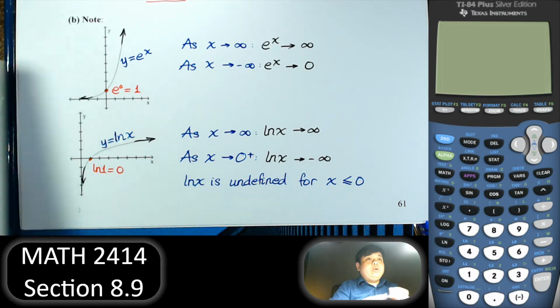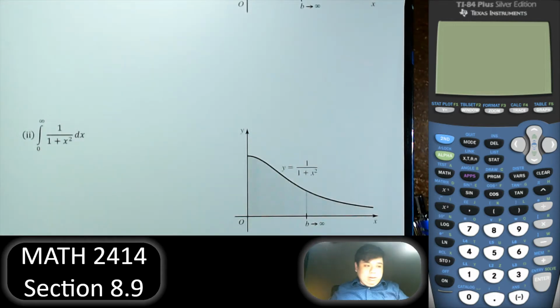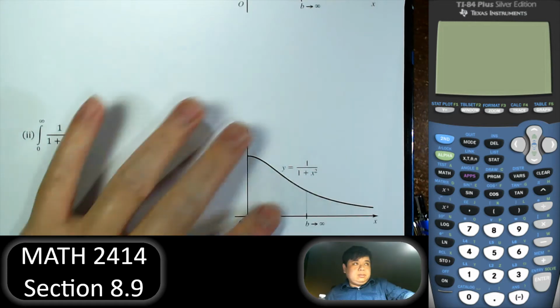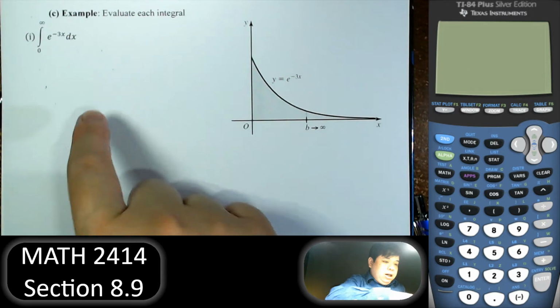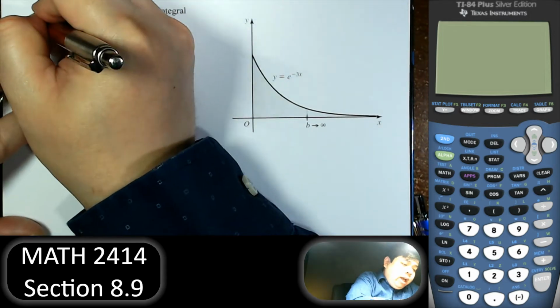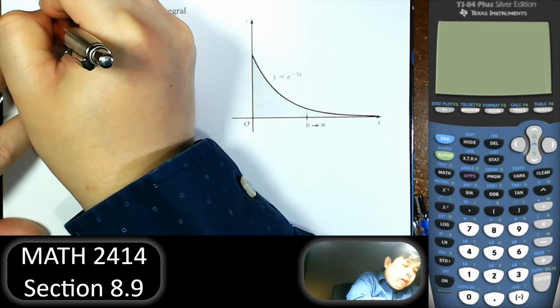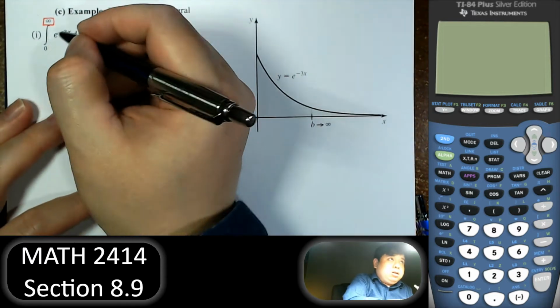Now, let's go to the first example. Evaluate the improper integral. Every time we see infinity, the first thing we do is replace that with a limit to make it a proper integral.